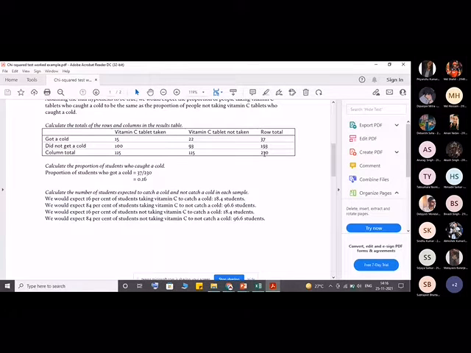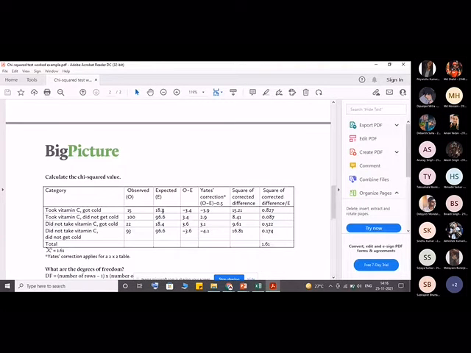The value you get will be your expected value. If you calculate it, you will get 18.4. So for the observed value 15, the expected value is 18.4.